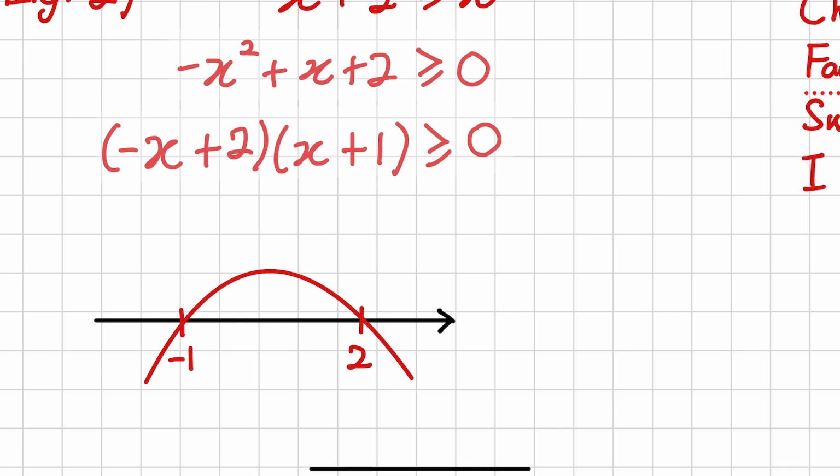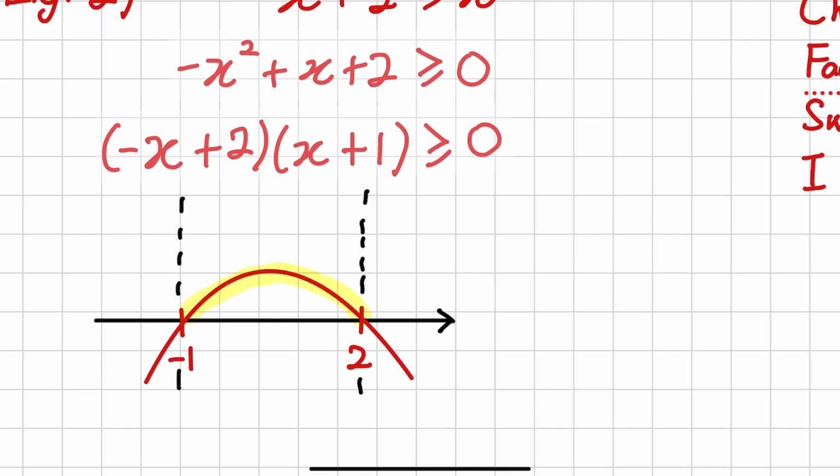Now I want the part of the graph that is greater than or equal to 0, above the x-axis. So let's break apart this graph. If I draw dotted lines to visualize clearly at -1 and 2, the part of the graph that is above the x-axis is this part over here.